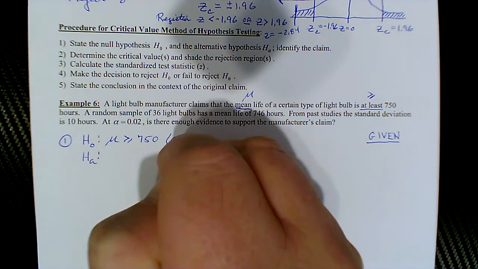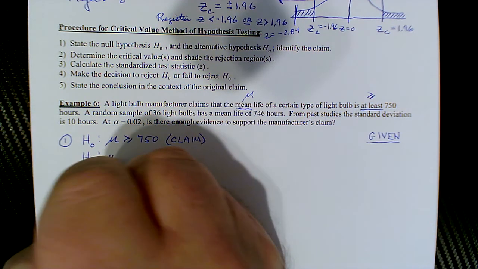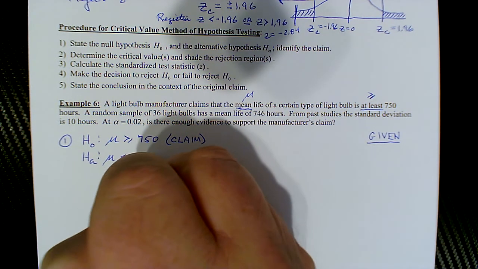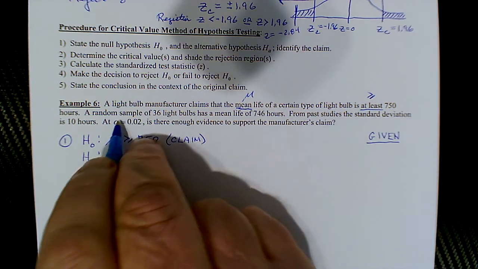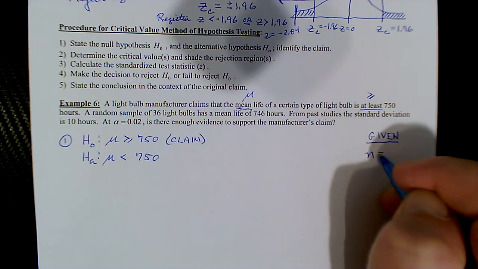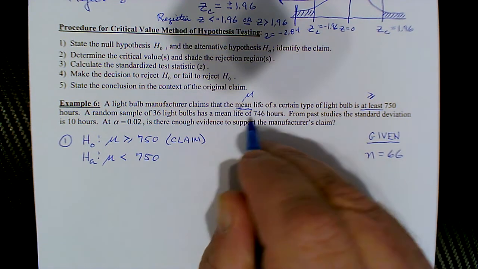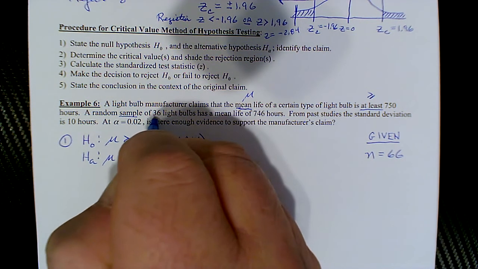Okay, and then continuing, random sample with 36 light bulbs. So n is 36. Their mean life, so this is coming from the sample of the 36 light bulbs, the mean of that sample, so that's x bar, our sample mean is 746.